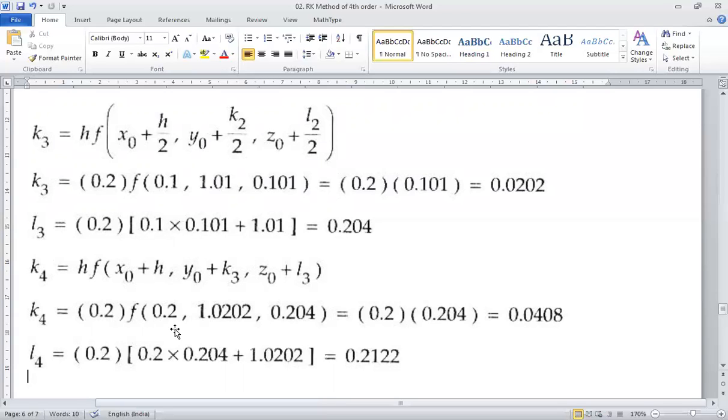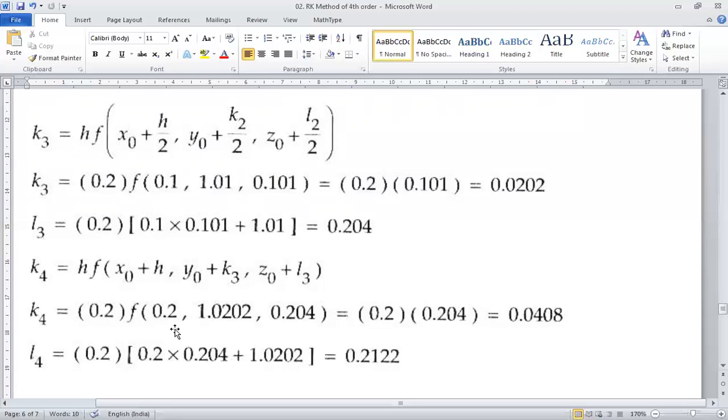Similarly, the value of L3 we can find by using the formula h times g of x naught plus h by 2, y naught plus K2 by 2, z naught plus L2 by 2. By substituting the values of the parameters, we get the value of L3 as 0.204.